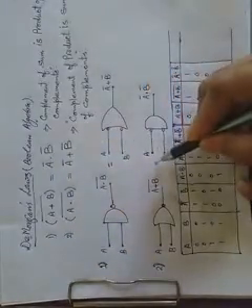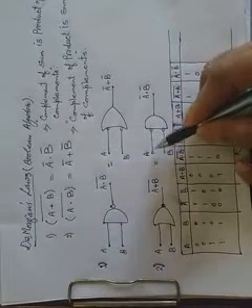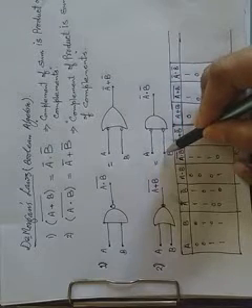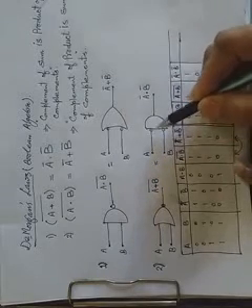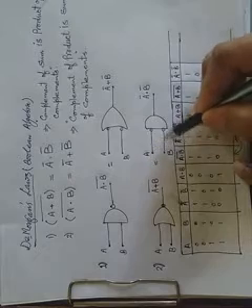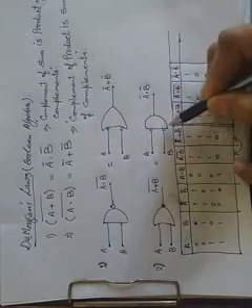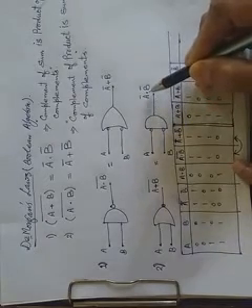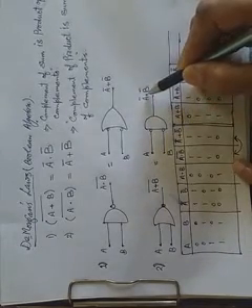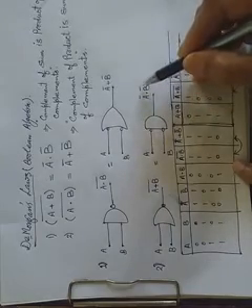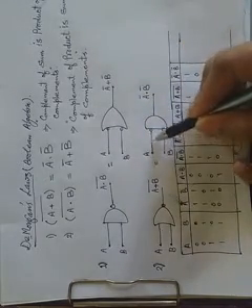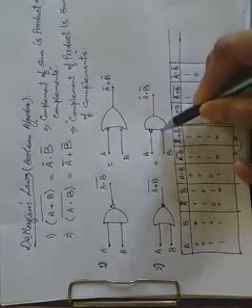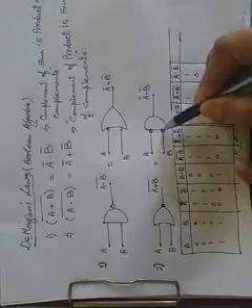It can be represented in another gate circuit symbol representation, where A and B complements are fed to an AND gate. So the output will be the product, the dot, of A complement and B complement. Here this gate is receiving A complement, which I have represented with a bubble over here, and B complement with a bubble over here.